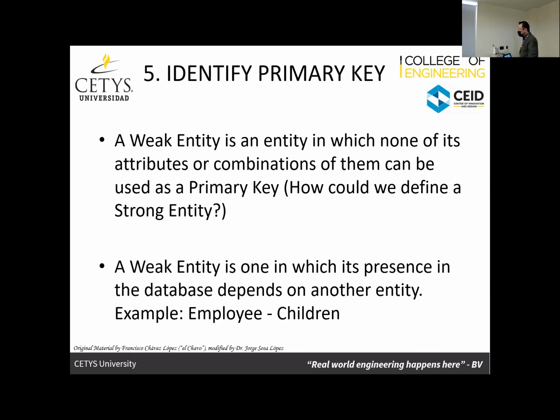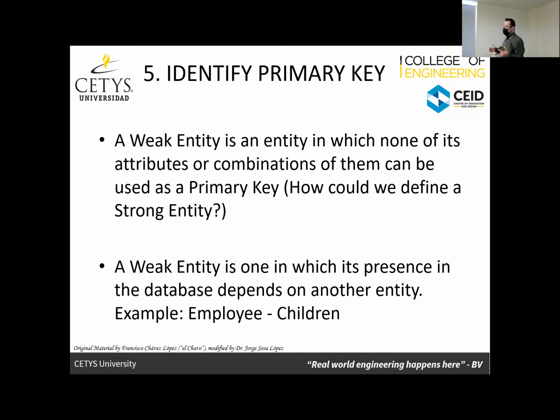Usually what happens with a weak entity is that it is always going to depend on some other entity to be able to identify it. So for example, employee children. I'm an employee here at CETIS. My employee number is 72263, and I have two children, Sarah and JD.